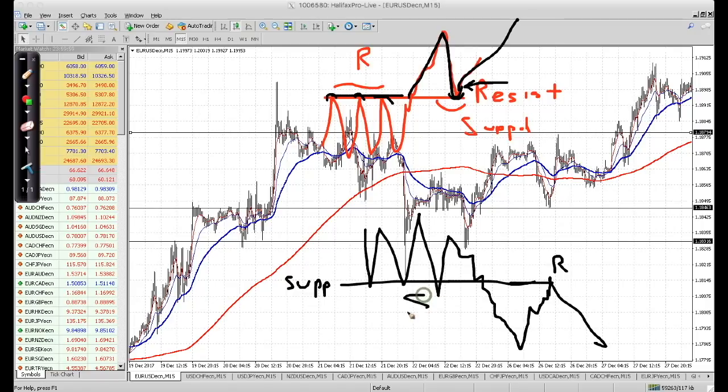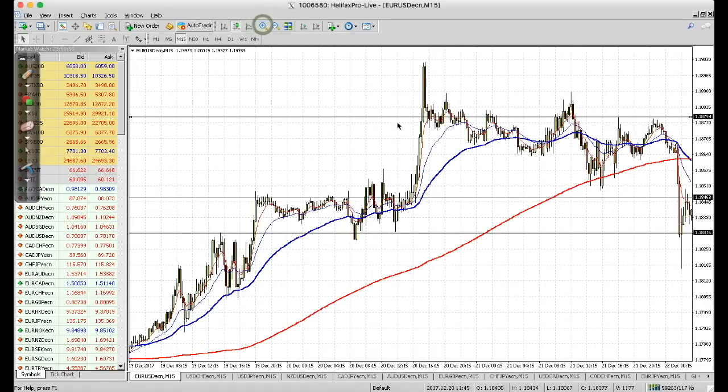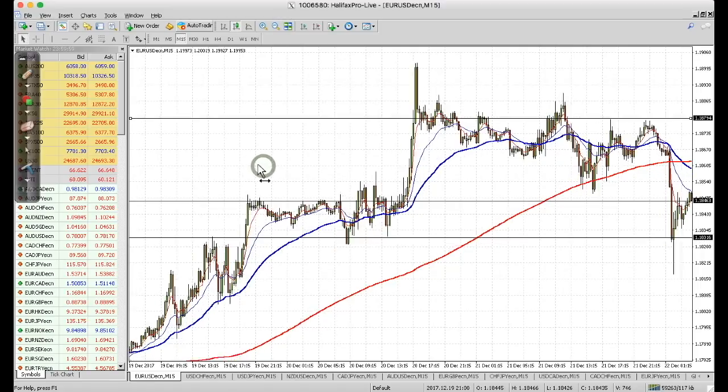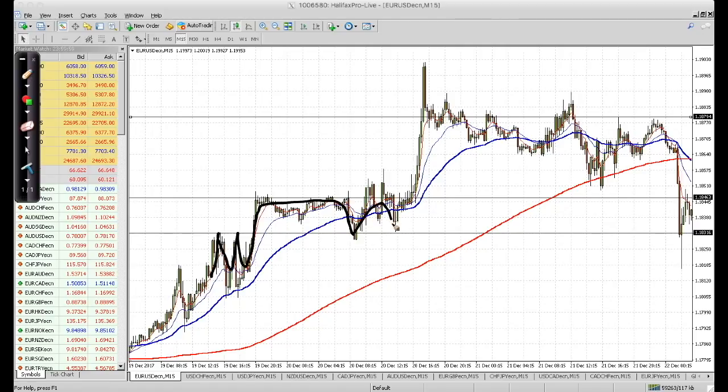So similarly, this is a support level, right? Test 1, test 2, test 3, breaks the support, hits resistance, comes down, and that's where traders go short, all right? So let's take a look at that phenomenon on this chart. Do we have that phenomenon? Okay, so as you can see here, this resistance broke out and became support.